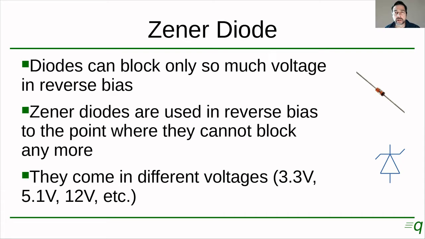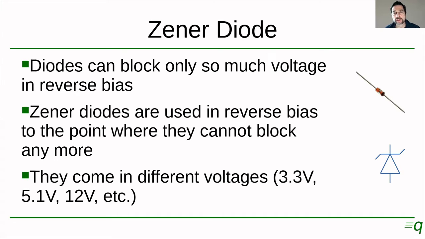Zener diodes are actually used in reverse bias to the point where they cannot block anymore. So you would specify those to a voltage that is within the voltage of the circuit you're using. And they come in different voltages, for instance, 3.3 volts, 5.1, 12 volts, etc.